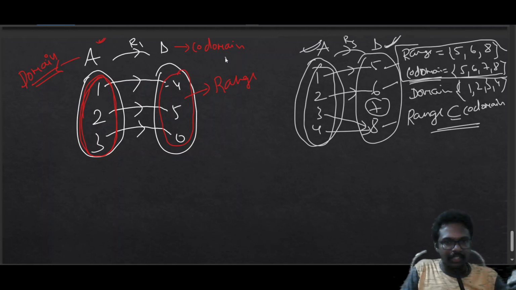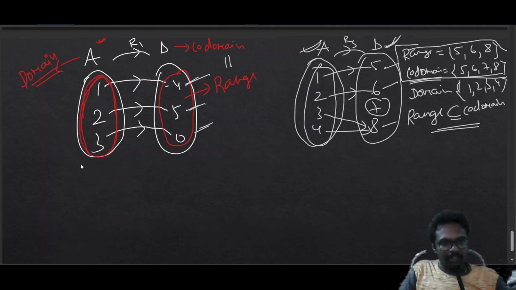Here, see, range and codomain are equal, because these three elements are used in set B. So codomain and range are equal here. Range is a subset of codomain, so it is contained in the codomain or can be equal to the codomain, but it doesn't overcome the codomain.